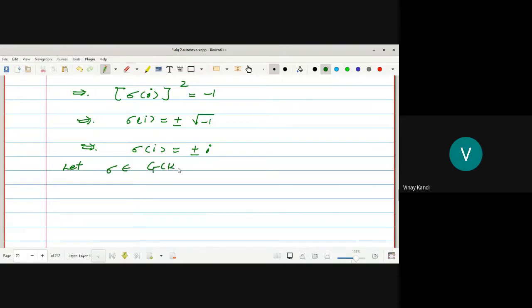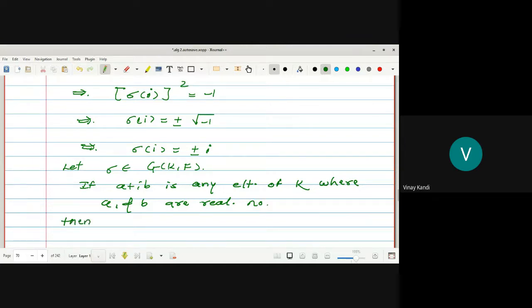If a plus ib is any element of K, with a and b real numbers, then we have sigma of a plus ib, which is equal to sigma of a plus sigma of i into sigma of b.